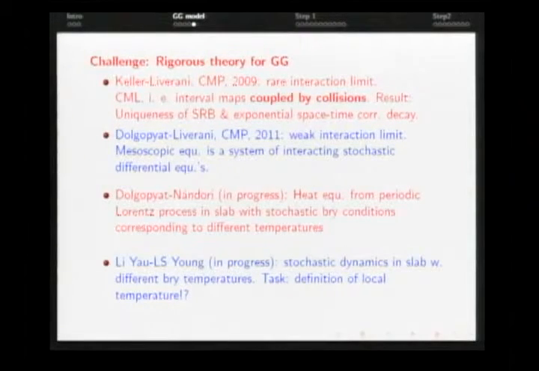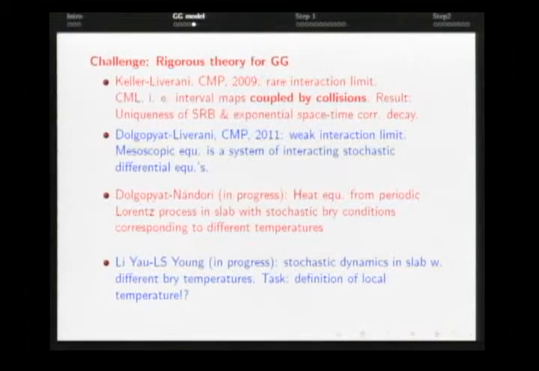On the contrary, Dolgopyat and Liverani were considering the weak interaction limit, so they were considering a coupled map lattice where the individual dynamics are beautiful hyperbolic Anosov dynamics, but the interaction always acts, it's permanent, but it's weak.